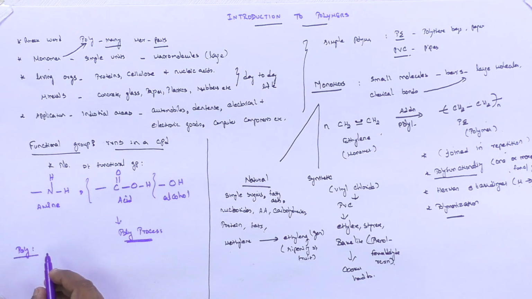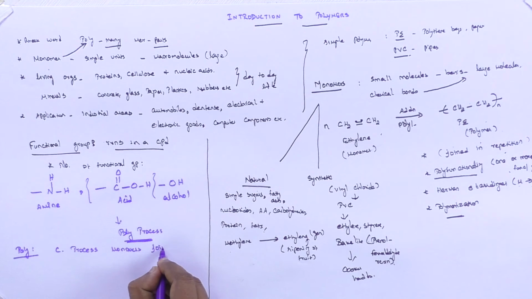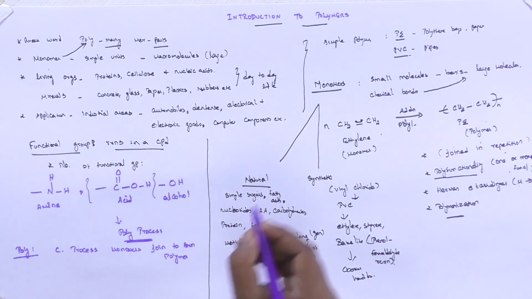Now coming to the reaction of polymerization. Polymerization is a chemical process where monomers join to form a polymer. Often a single polymer will be formed as the product, and you may take a single monomer or multiple monomers.